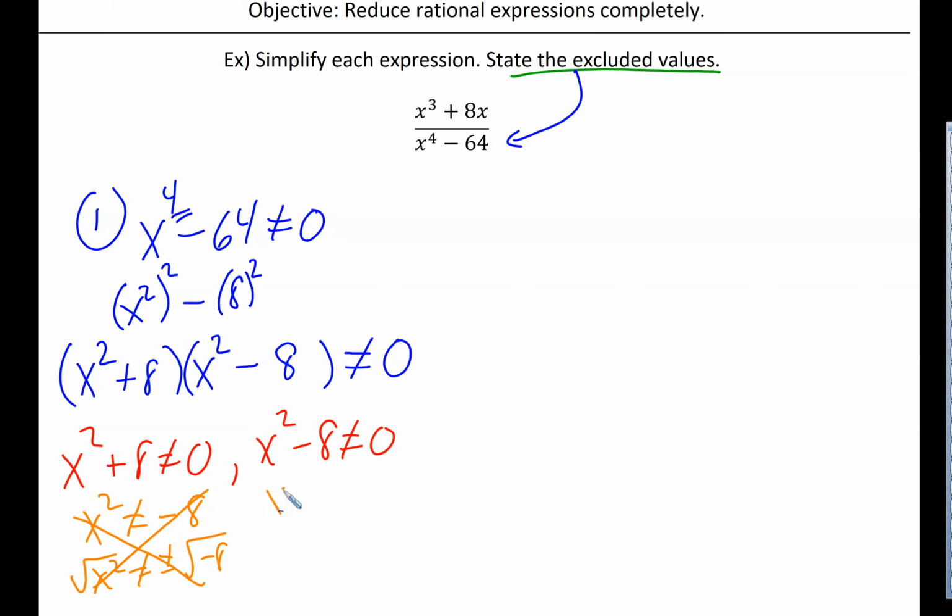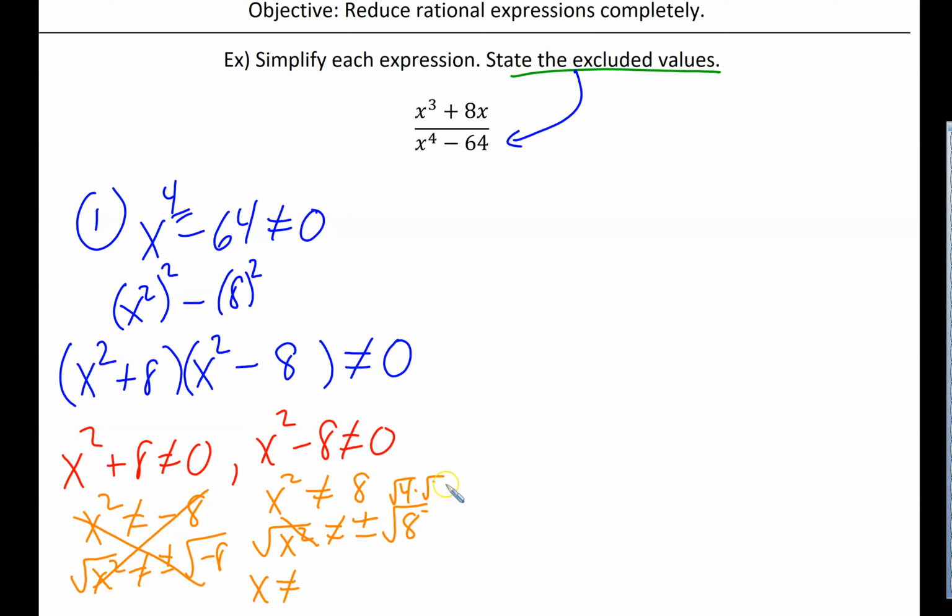So this one though, when we add 8, this is going to give us 2 excluded values that will be irrational. And so we get our x's cannot be equal to, and then the square root of 8, remember, will simplify because it has a perfect square factor of 4.